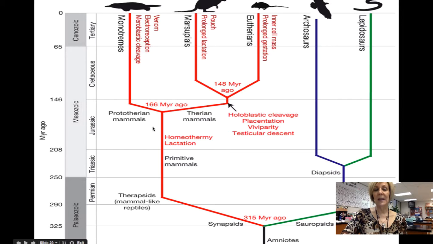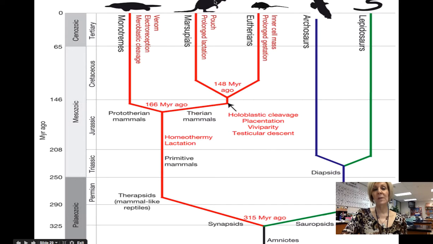Lactation means we begin to feed our young milk. The mammals have developed into three main groups. The monotremes are the very weird mammals. They have fur, they feed their young milk, but they are egg-laying, like a duck-billed platypus. You only see this in Australia.